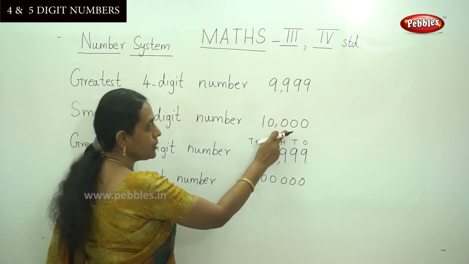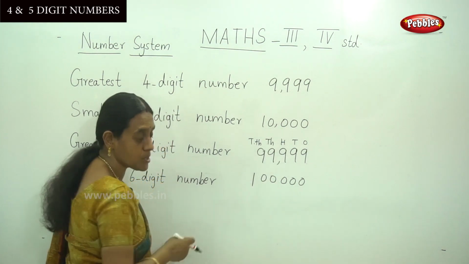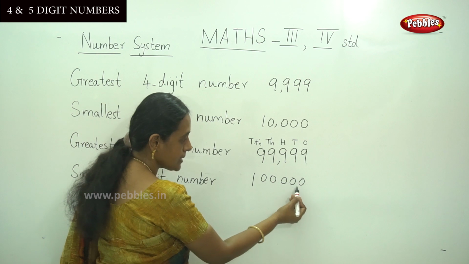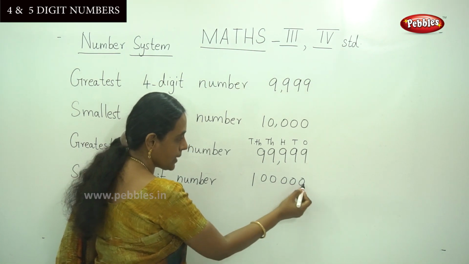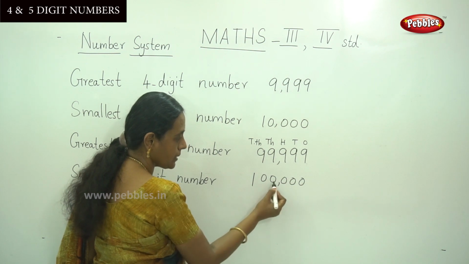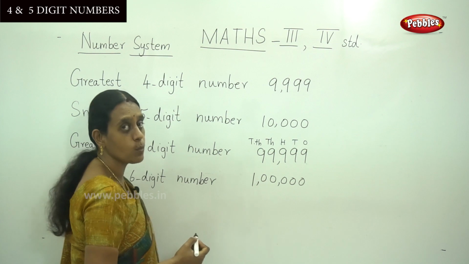For 10,000 you put four zeros, and for this five. How to read this number, children? Ones, tens, 100, 1000, 10,000. Ones, tens, 100, put a comma, and 1000, 10,000, put a comma. So this is lakh, that is 1 lakh.